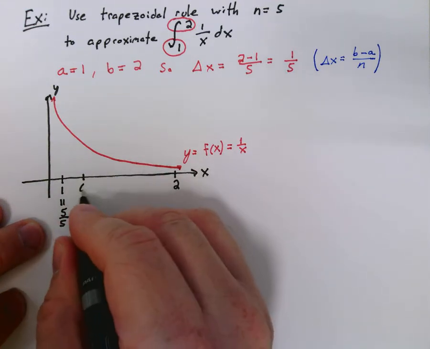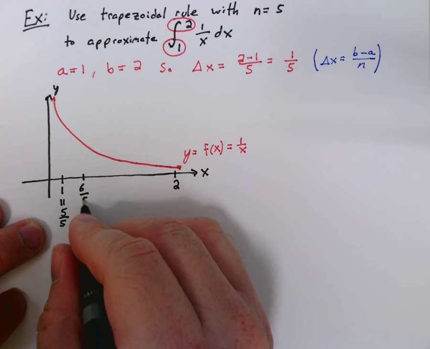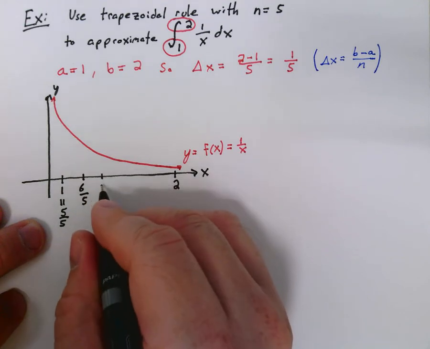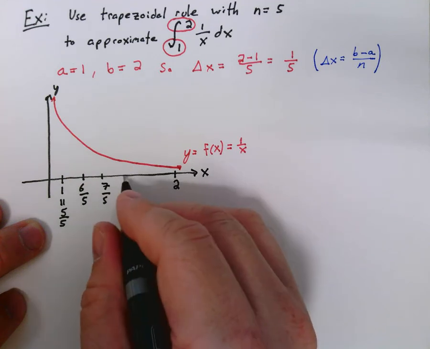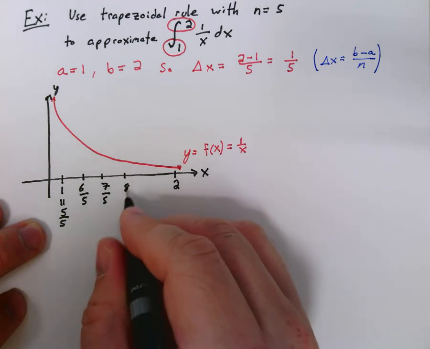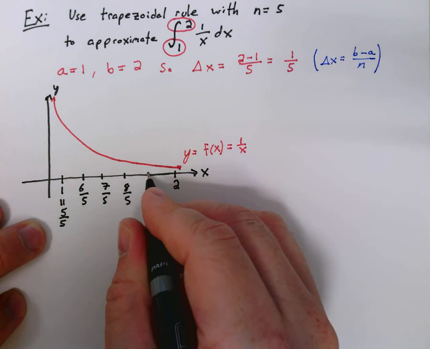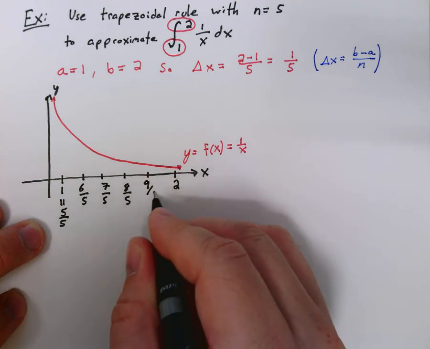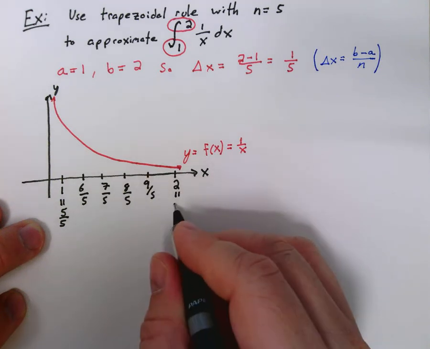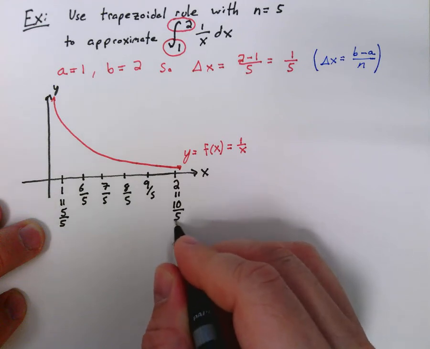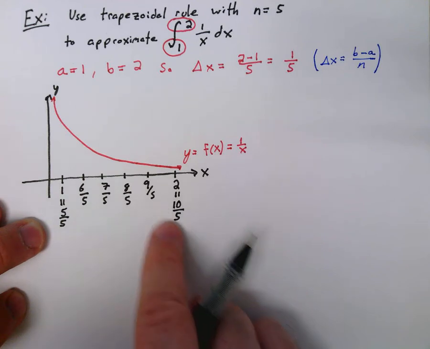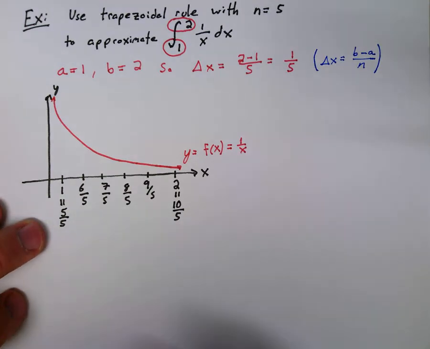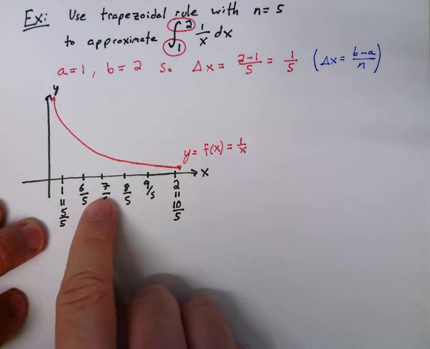The next one's going to be 7 over 5, then 8 over 5, and 9 over 5. And the last one is going to be 2, which is just 10 over 5. Notice that when I write everything in the same fraction base or denominator, it makes everything much easier. 5 over 5, 6, 7, 8, 9, 10.